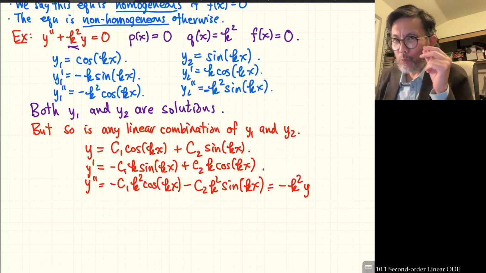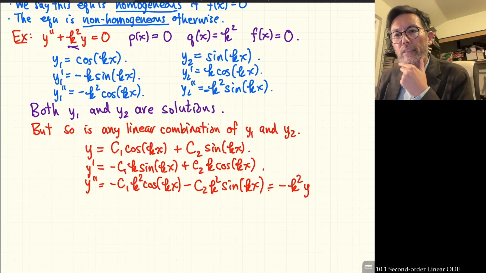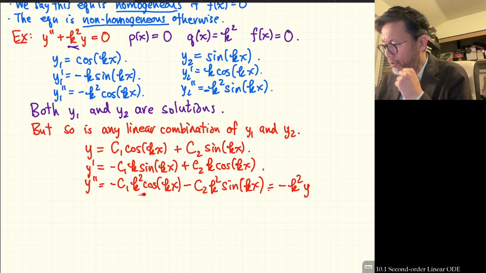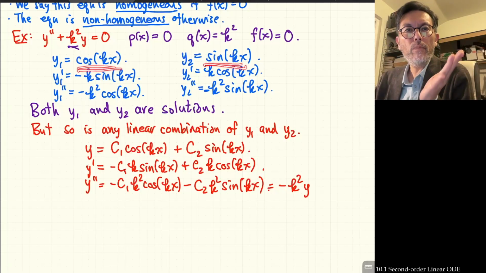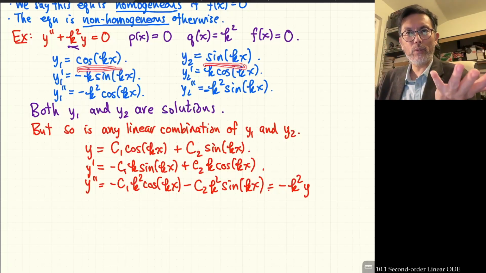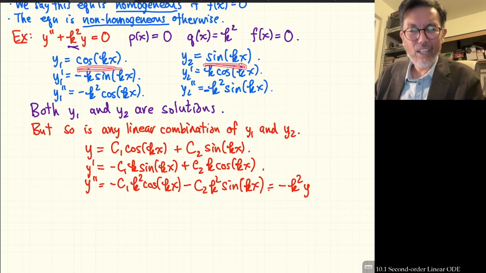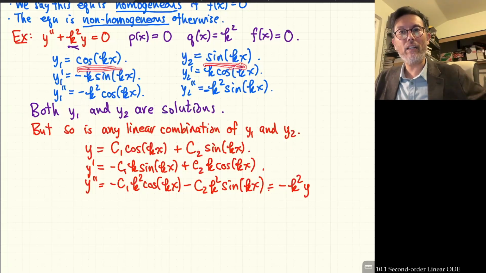Well, do we really have two dimensions here? Because it could be the case, couldn't it, that these two solutions, cosine kx and sine kx, are already constant multiples of one another. You probably have the sense that they're not, because cosine is sine, but phase shifted, right?